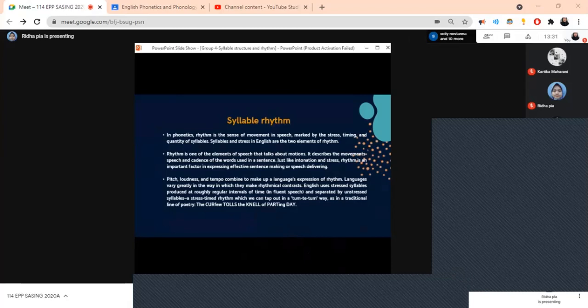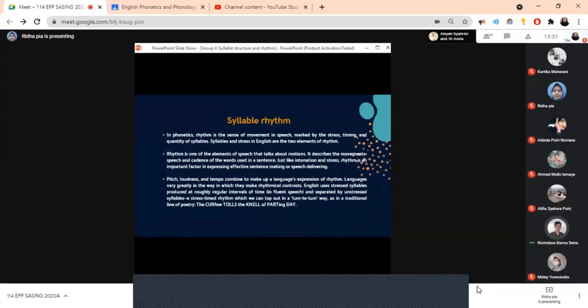A stress-timed rhythm, which we can tap out in a tom-ti-tom way, as in this line: the CURfew TOLLS the KNELL of PARTing DAY. So the capitalized syllable is the stressed syllable, while the uncapitalized is the unstressed. Next slide.